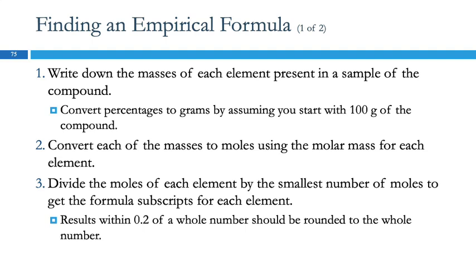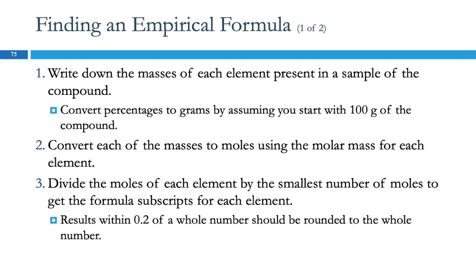We need to be a little bit careful here with rounding because there's going to be error in the measurements, and so we're not expecting these numbers to come out perfectly, but how close is close enough? This is my rule of thumb. If you're within 0.2 of a whole number, you could round it.